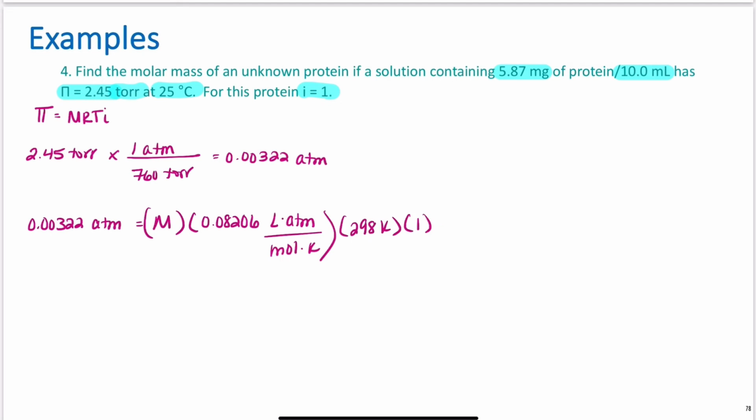Rearrange this equation and solve for your molarity. You should find your molarity to be equal to 1.32 times 10 to the minus 4, and that's moles per liter.